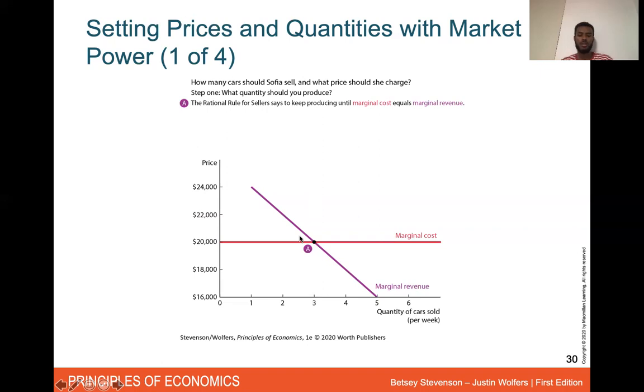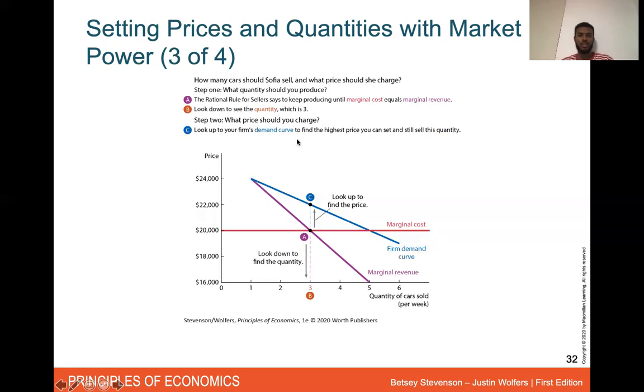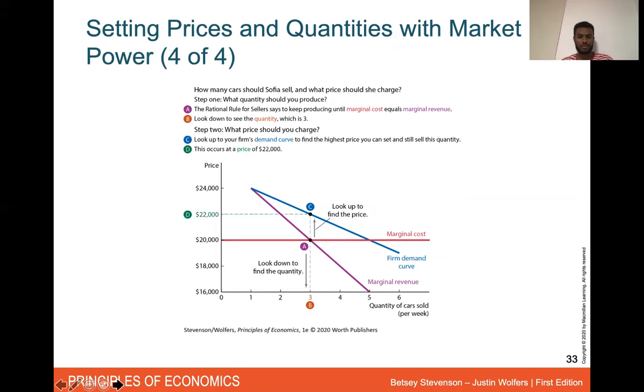So that's going to be at 3 cars. Look down to see the quantity, which is 3. Then look up to your firm's demand curve to find the highest price you can set and still sell this quantity. In this case, at 3, according to her demand, she can sell at a price of 22,000. And yep, this occurs at 22,000.